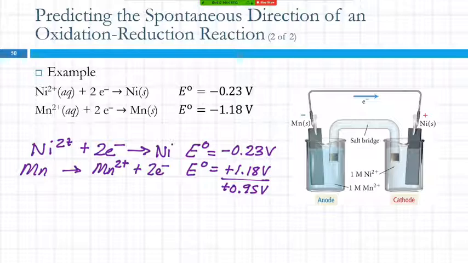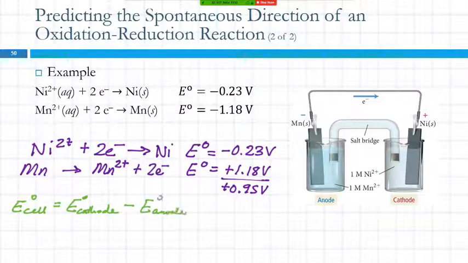So using the book method, E cell equals the cathode potential minus the anode potential. Well, again, I can look at these and say, which one is more negative?